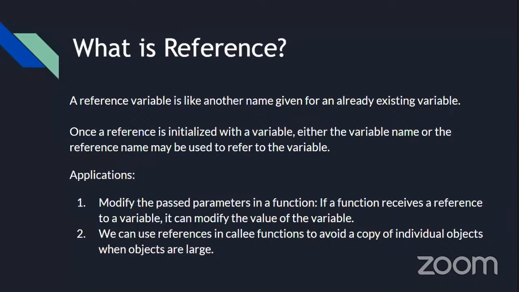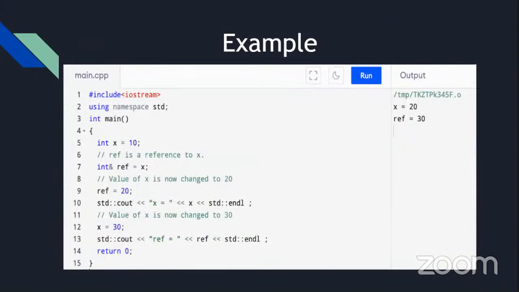So whatever we do throughout the function directly affects the actual variable. It will be better if I explain this through an example, which is in the next slide.